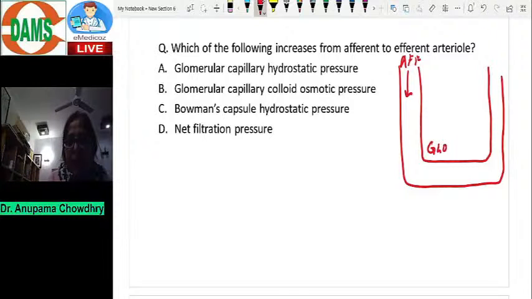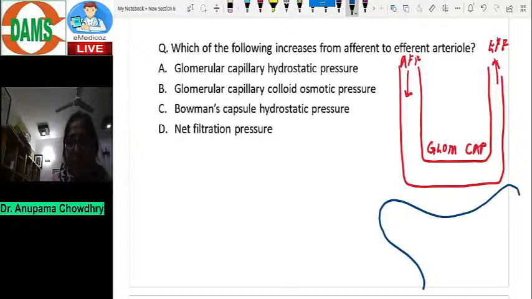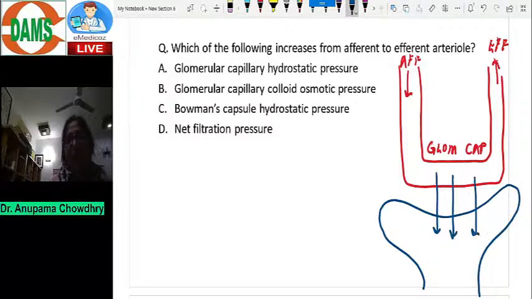This is the glomerular capillary and the efferent arteriole. Fluid is filtered from the glomerular capillaries into the Bowman space. So the question says, which of the following increases from afferent to efferent arteriole? Now this is a very interesting question. Which of the following forces are going to increase?